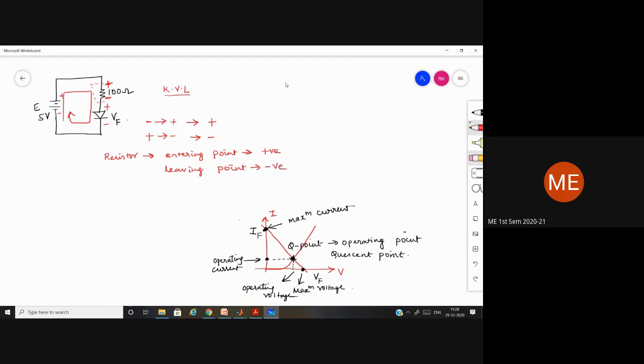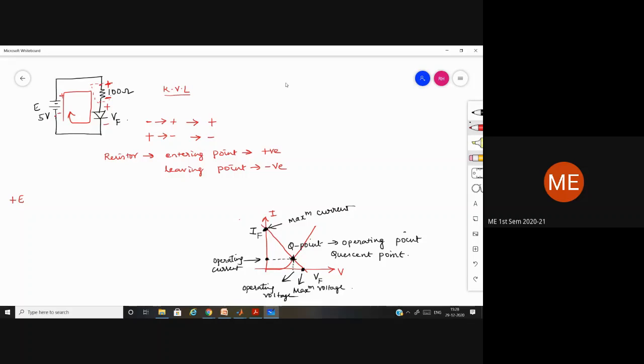So the terminal where the current enters, that is positive. The terminal where the current leaves, that is negative. Okay. Now we'll start from this point. Minus to plus E. After that, I have taken this clockwise direction. After that, it will move like this. So it will come here.